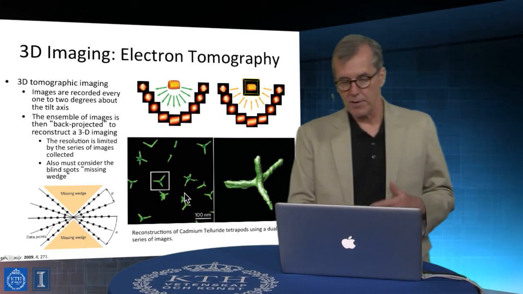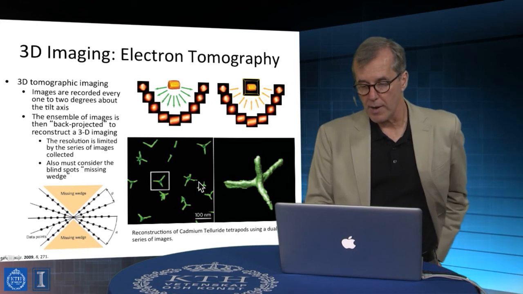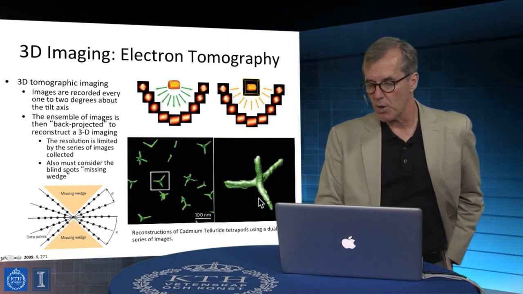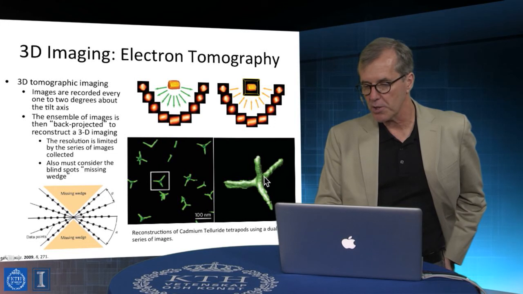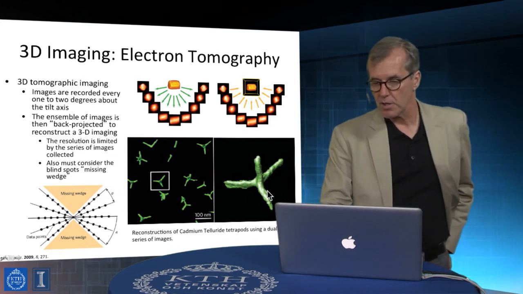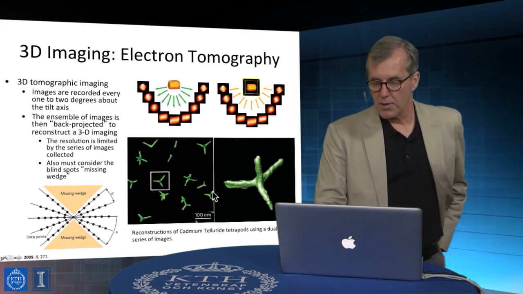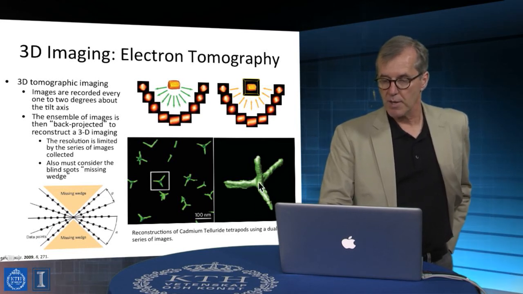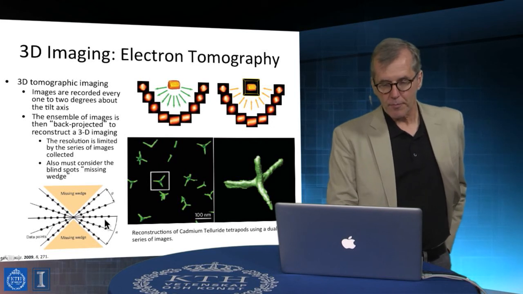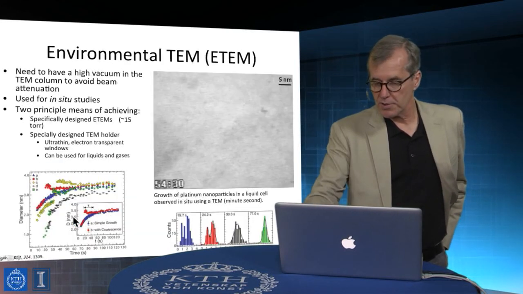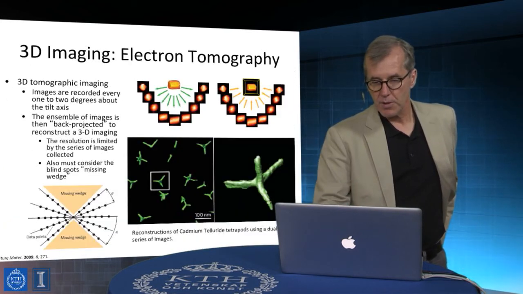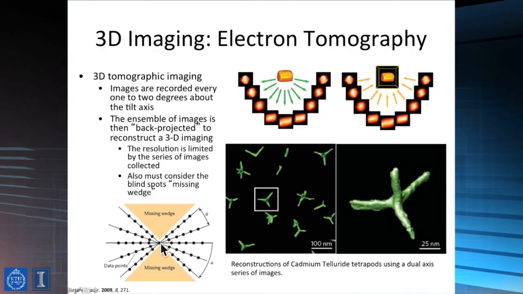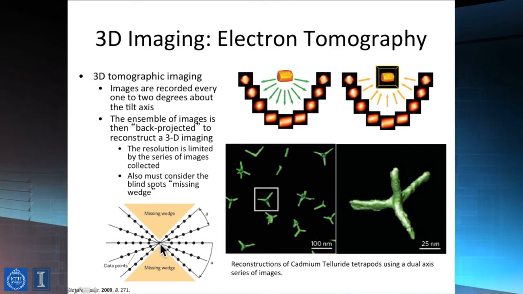These are one of Paul Alivisatos' tetrapod nanocrystals, which have a core where the growth nucleates and then grows arms out, and there's actually a phase change at the juncture where those rods grow out of the crystal, and you can get that three-dimensional shape, which is illustrated in this slide, with the proviso that you can do a series of measurements in which you can rotate the sample without changing the point where the beam is touching it.